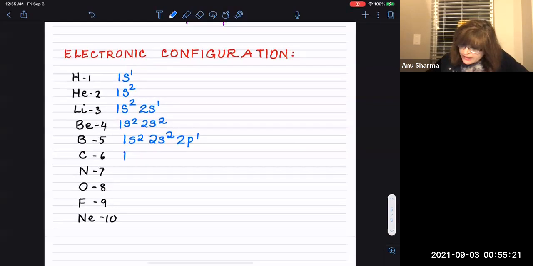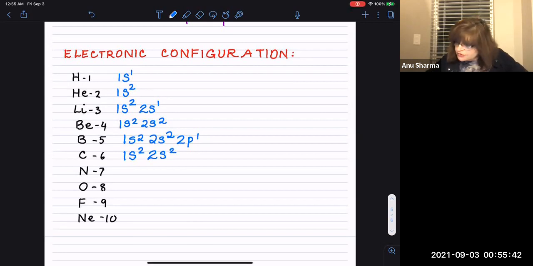Carbon: first energy level, or the first shell, then the first subshell, then the first orbital. The first orbital is 1s, 2 electrons go here, the next 2 electrons go to 2s. 2s can hold a maximum of 2, and you're still left with 2 more electrons, so you go to 2p2.